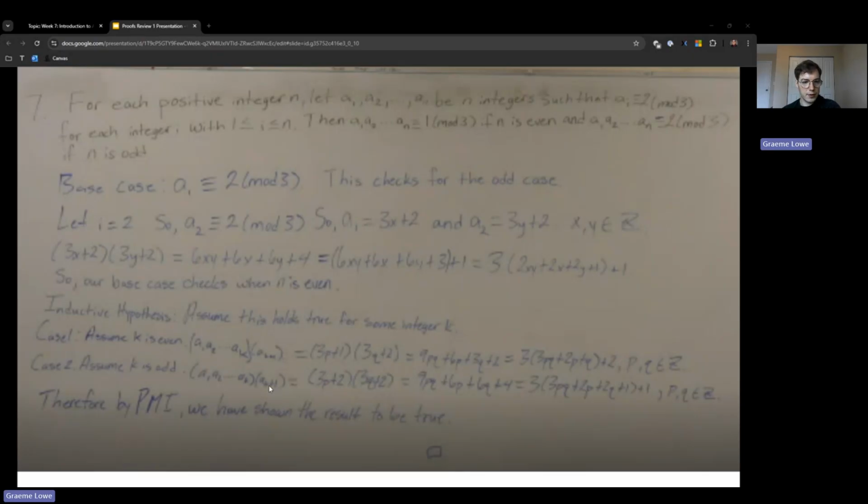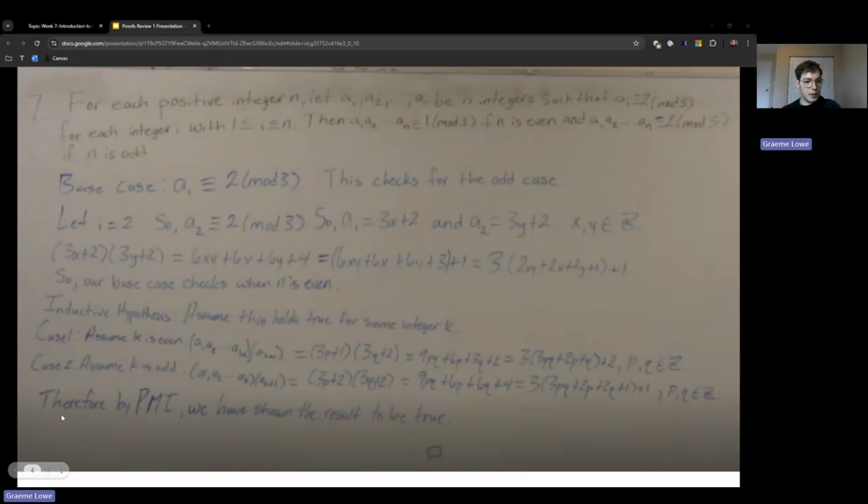So we've solved both cases: k is even and k plus 1 is odd, and k is odd and k plus 1 is even. We've assumed some base cases here, so we can basically use induction to extend this out across all integers, in this case positive integers.